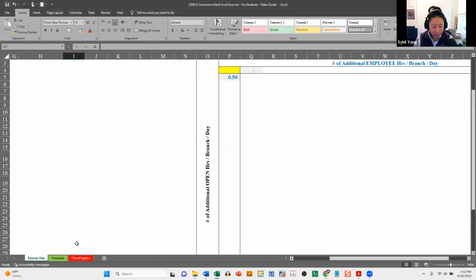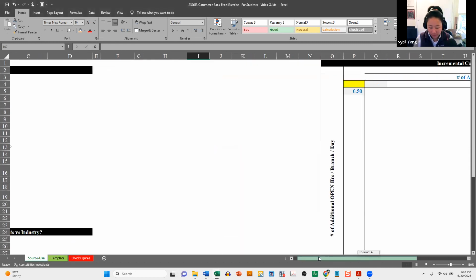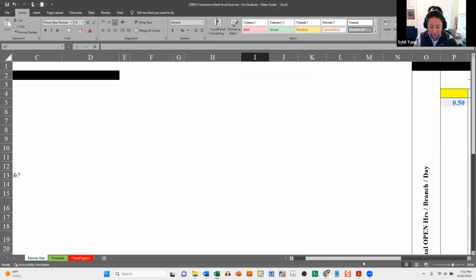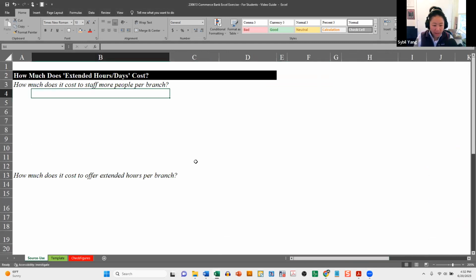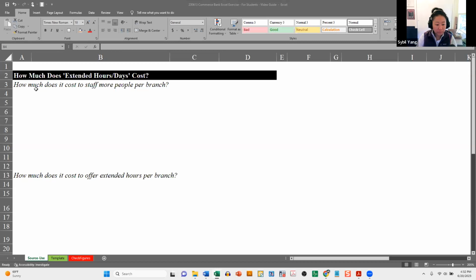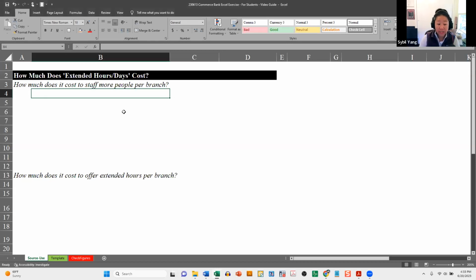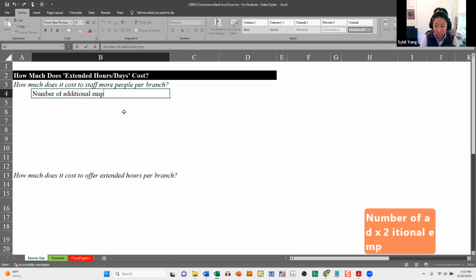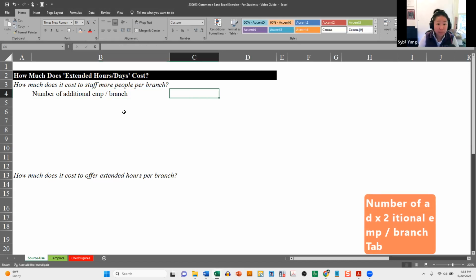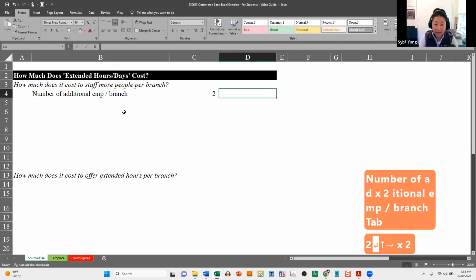On the tab that says sources and uses, we're going to do a quick conceptual exercise of how much it costs to staff more people per branch, as a unit math problem. I'm going to take the number of additional employees per branch, input a placeholder of 2 additional people, and write the units.